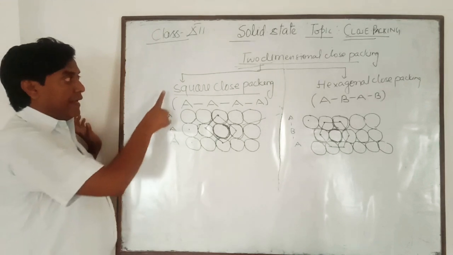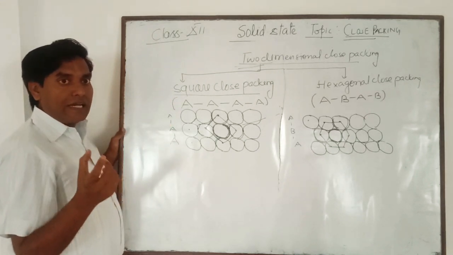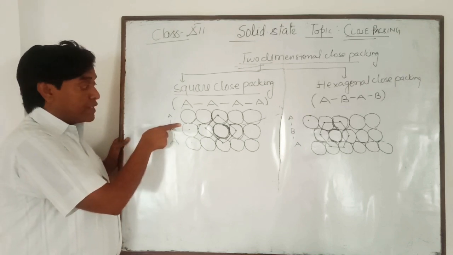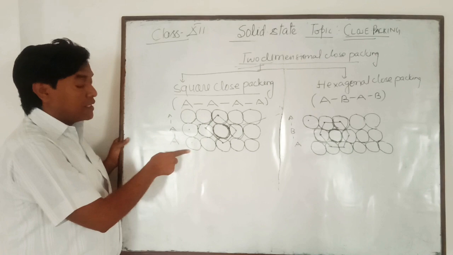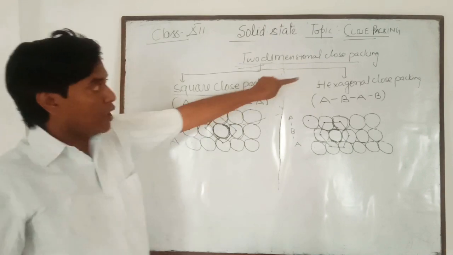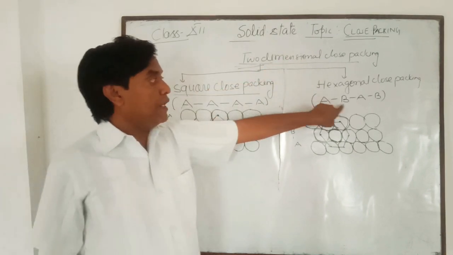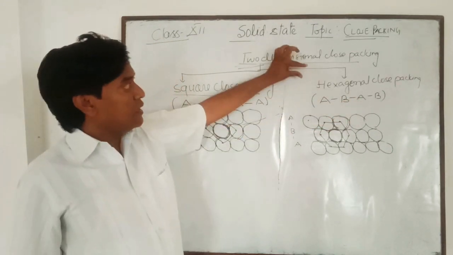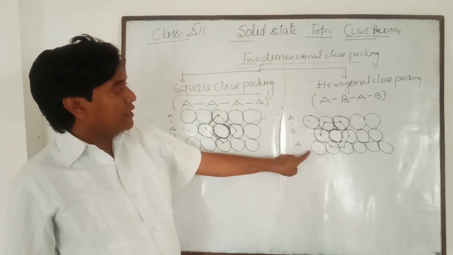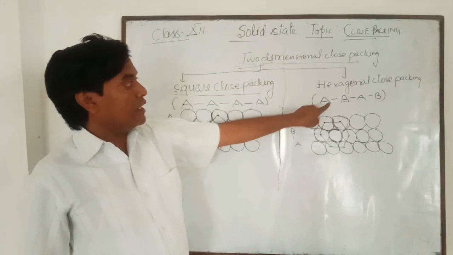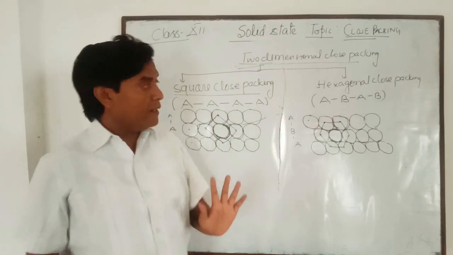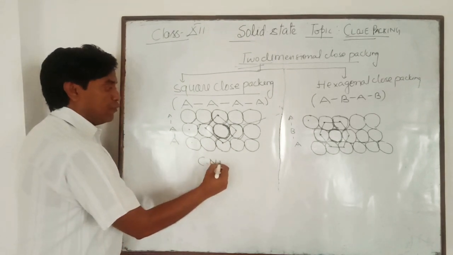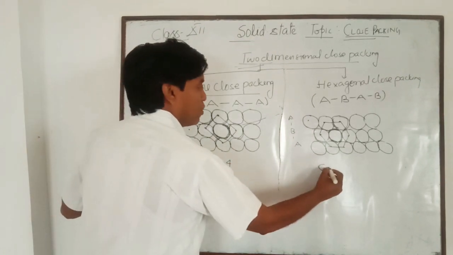It means in square close packing, spheres are arranged such that the center of the sphere of the second layer lies vertically over the center of the first layer. But in hexagonal close packing, ABA, there is a first row, a second row, and a third row. It means the center of the first layer matches vertically with the center of the third layer.